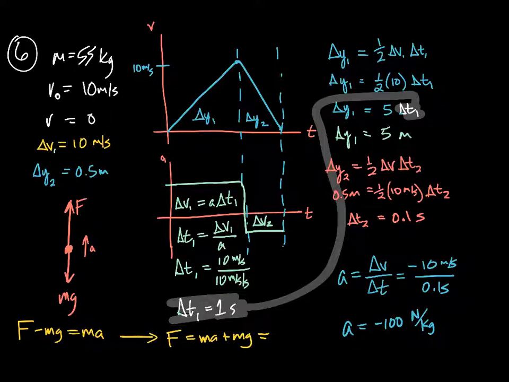Basically, the force of the mat is the interaction that the vaulter has with it, plus the weight force, which is going to be some number.